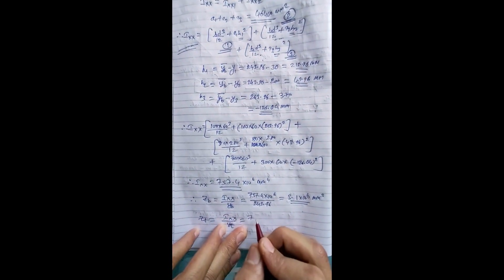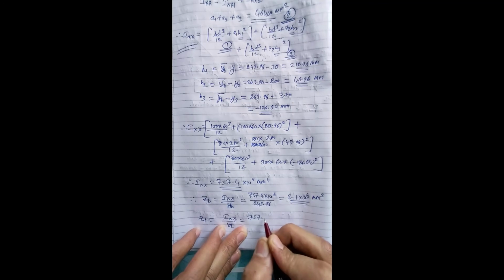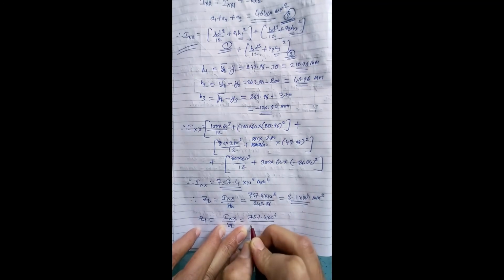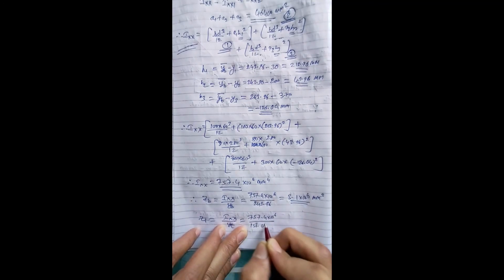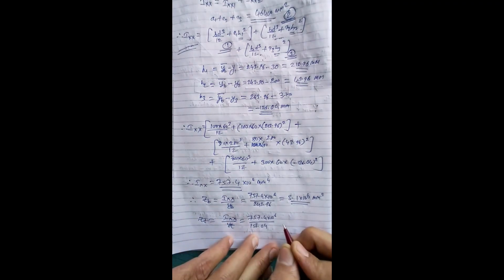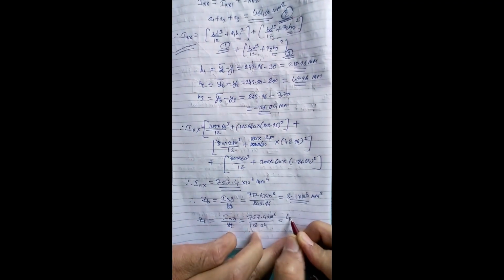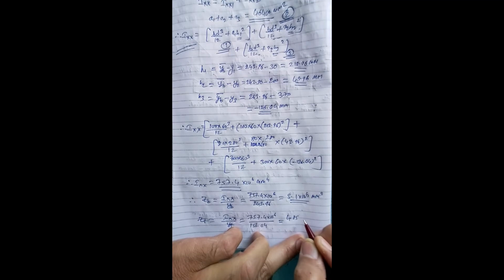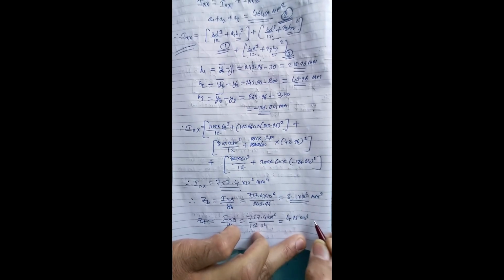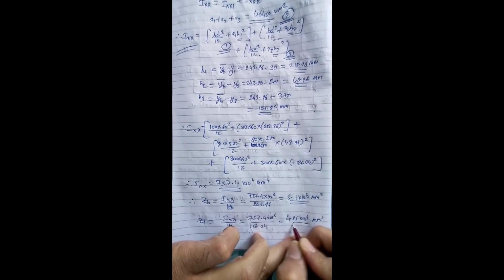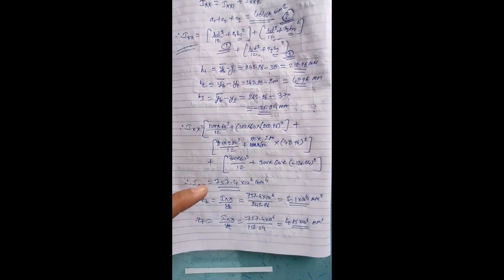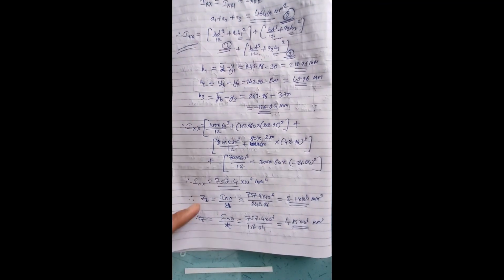Similarly, substituting the values of IXS and YT for ZT, 757.4 into 10 raised to 6 divided by YT, that is 156.4, gives the top section modulus ZT as 4.85 into 10 raised to 6 mm cube. In this way we have calculated IXS, ZB, ZT.